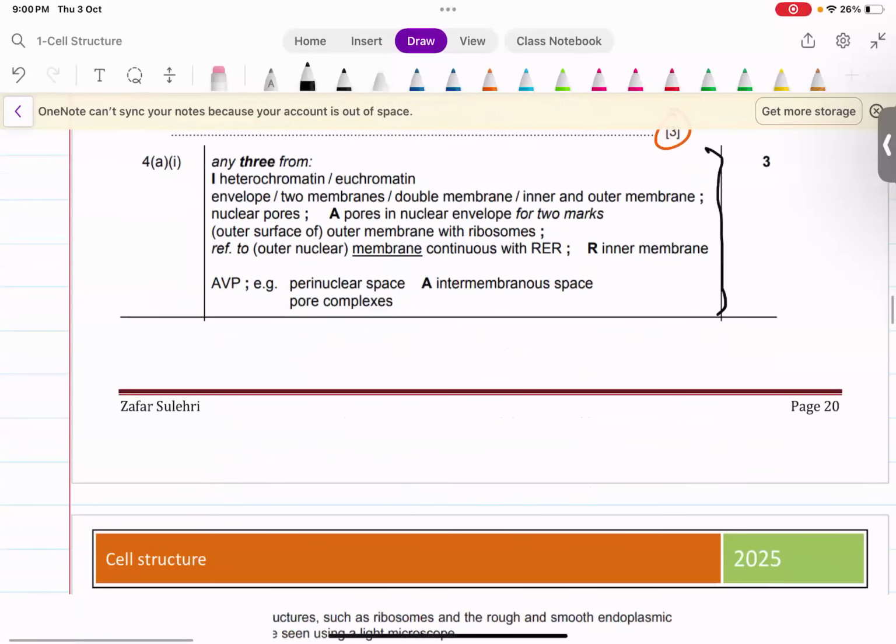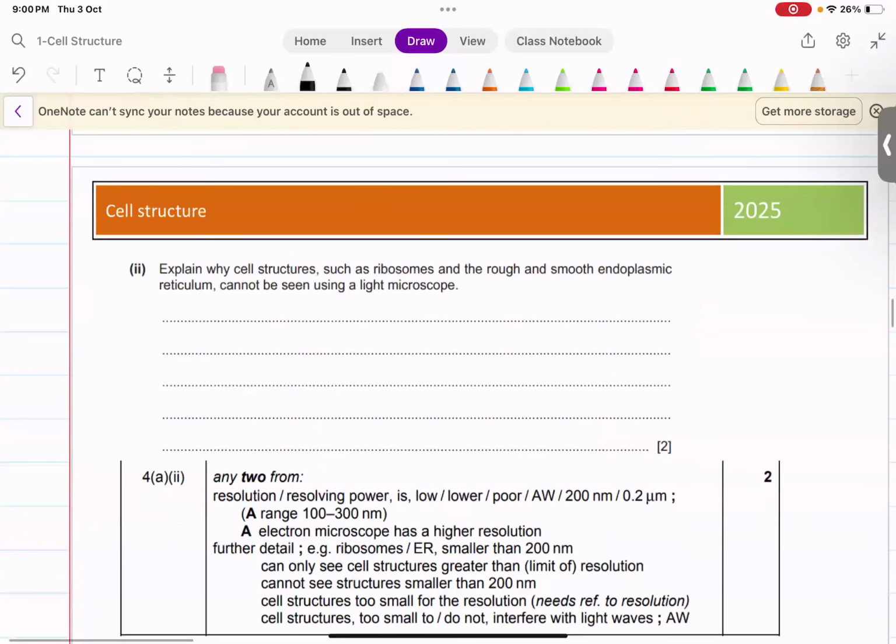And then explain why cell structures such as ribosomes and rough and smooth endoplasmic reticulum cannot be seen using a light microscope. Very simply, you should write that the light microscope has low resolution.